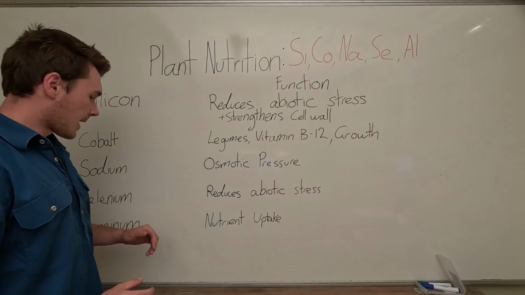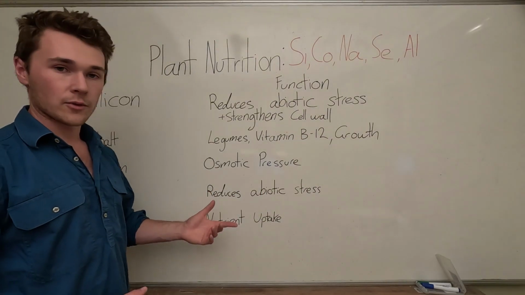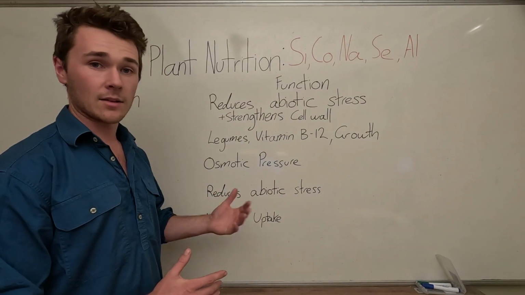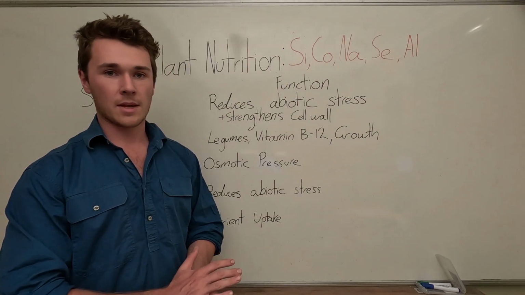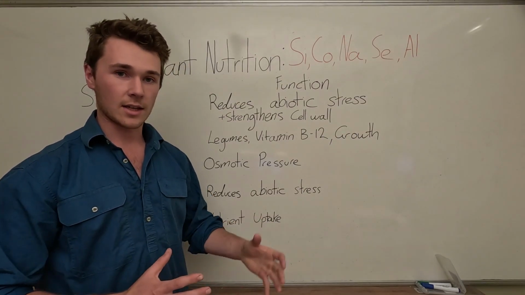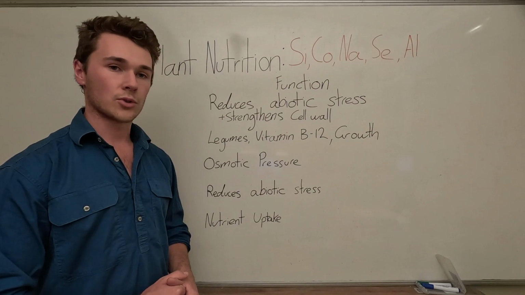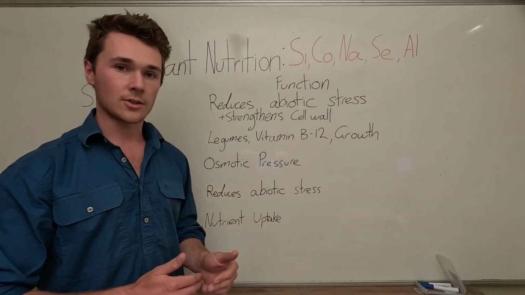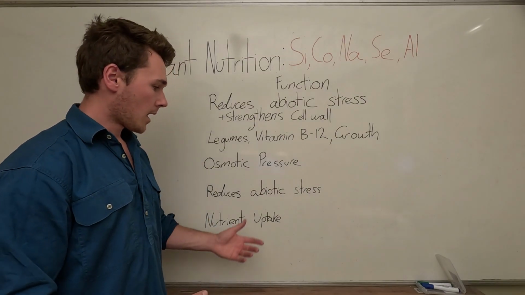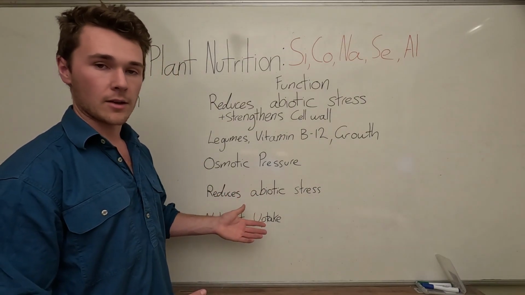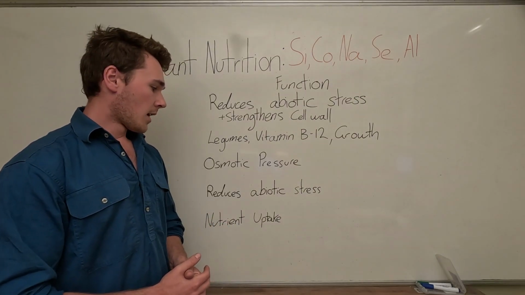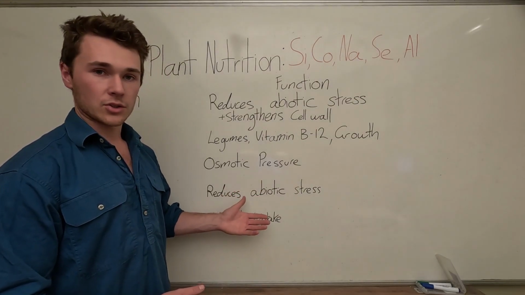Selenium is really important for reducing abiotic stress, similar to silicon. Selenium is used in one of the most powerful antioxidant agents in our plants and even our own bodies, which reduce free radicals, and typically all abiotic stress induces free radicals in the plant. So when we have really powerful antioxidizing agents, we reduce the abiotic stress within our plants.